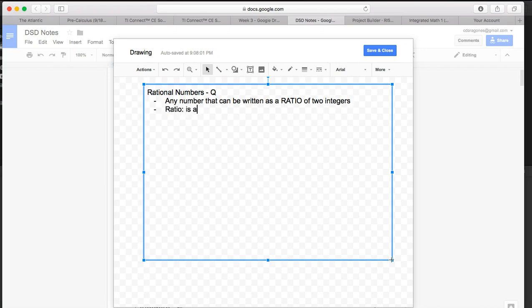A ratio is a comparison of 2 numbers. It's usually written as a fraction. So if I write 1/2, that is a rational number.